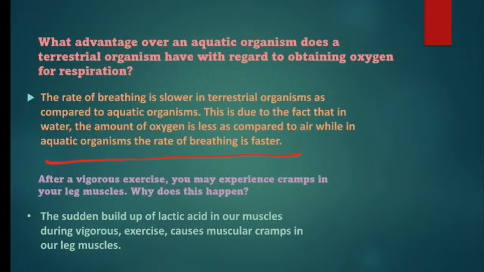This basically can lead to the production of lactic acid in the muscle cells. And this is the reason that due to the accumulation of lactic acid in the muscle cells, you get muscular cramps in the leg muscles. Alright, because anaerobic respiration is taking place. That is, when oxygen is absent, then anaerobic respiration takes place and lactic acid is produced in the muscle cells. So I hope these questions were useful.